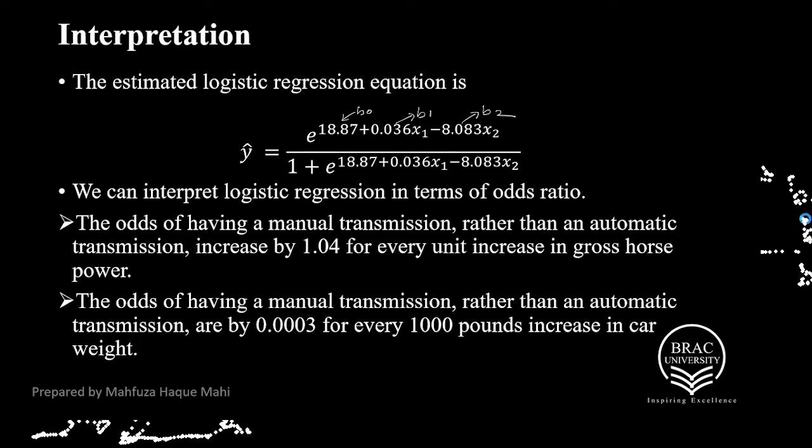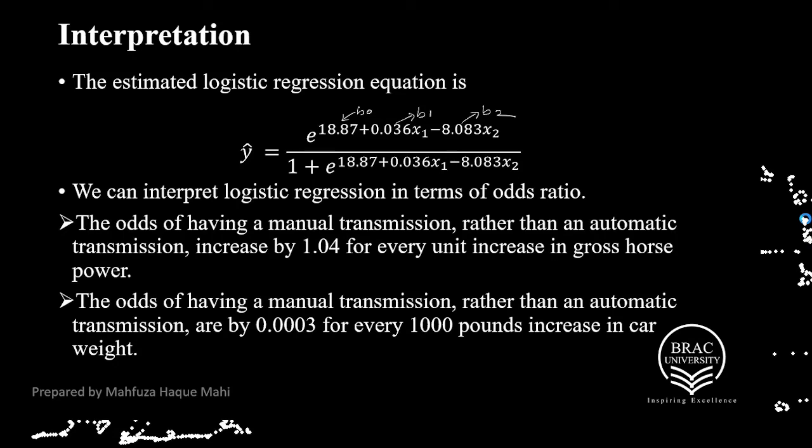So we have seen that the odds ratio for the variable x1, which was horsepower, was approximately 1.04. So the interpretation for the variable gross horsepower is the odds of having a manual transmission rather than an automatic transmission increase by 1.04 for every unit increase in gross horsepower.